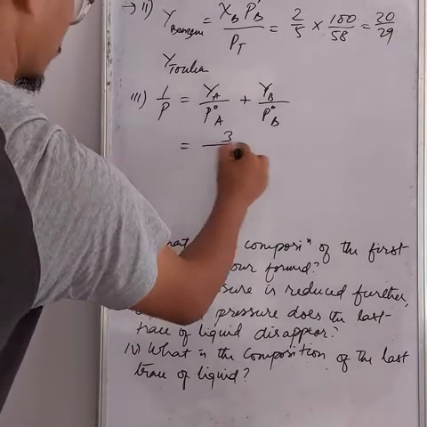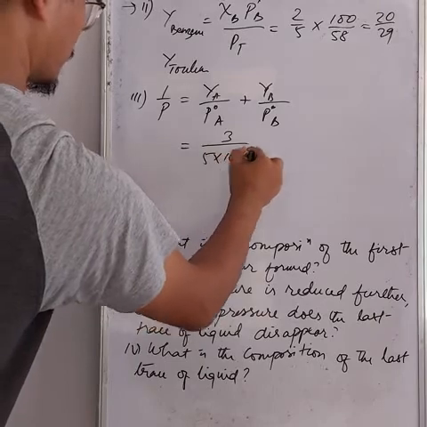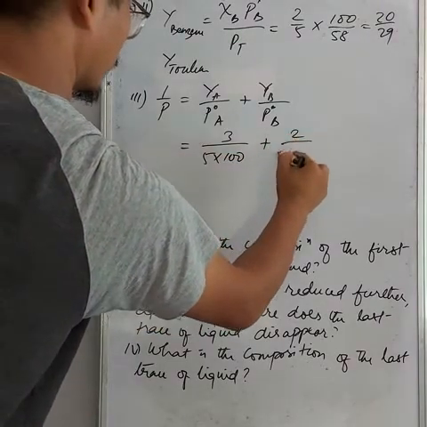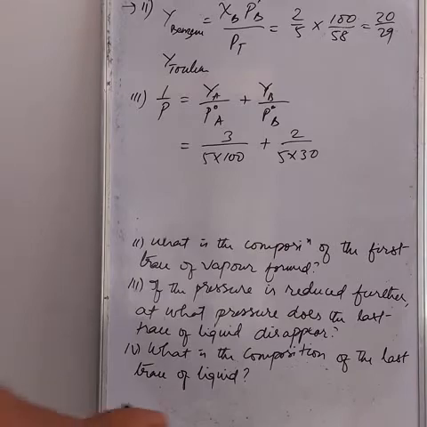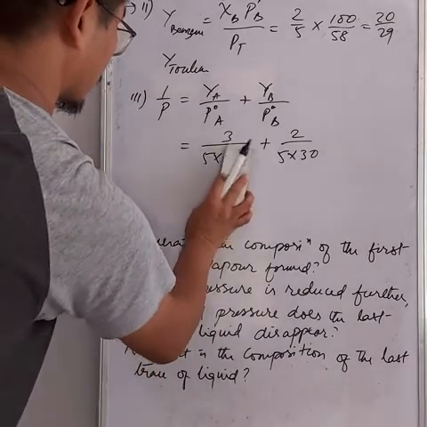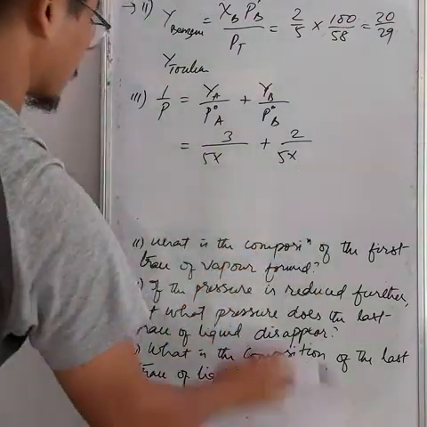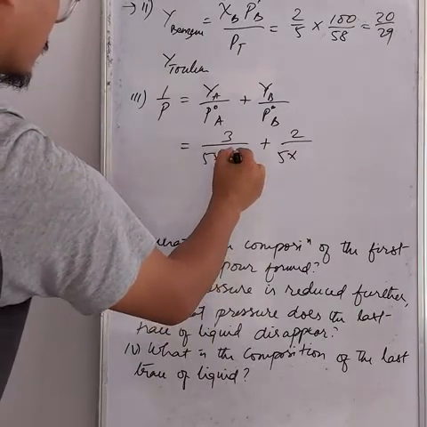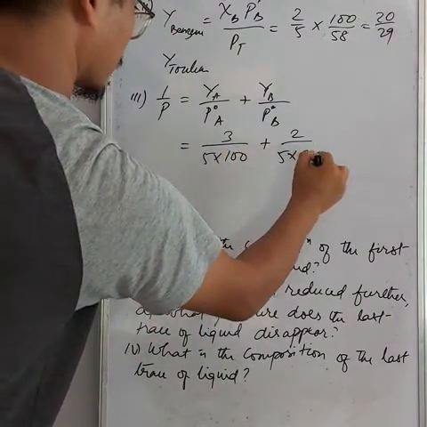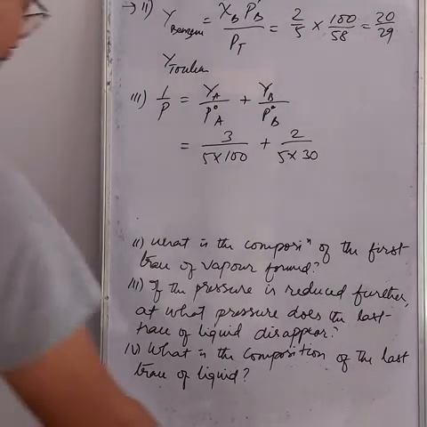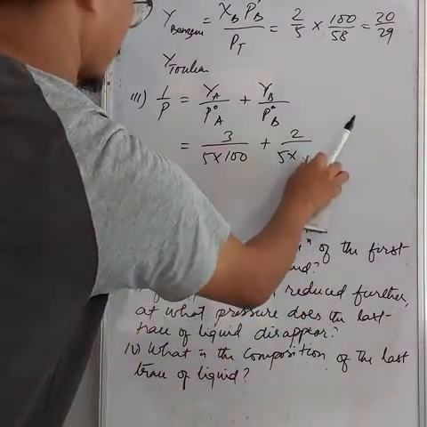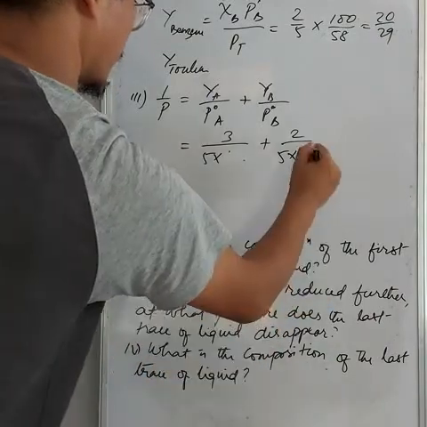So 3 over 5 into 100 plus 2 over 5 into 30. This is 100.